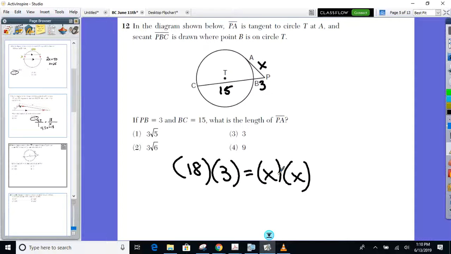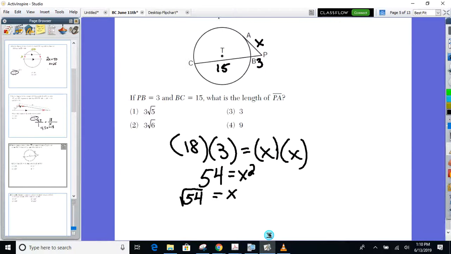Yes. There you go, everybody. So 54 equals x squared. Looks like we're going to have to break down a radical. Anybody biggest perfect square that goes into 54? 9. 9 times 6. We're looking at 3 radical 6.